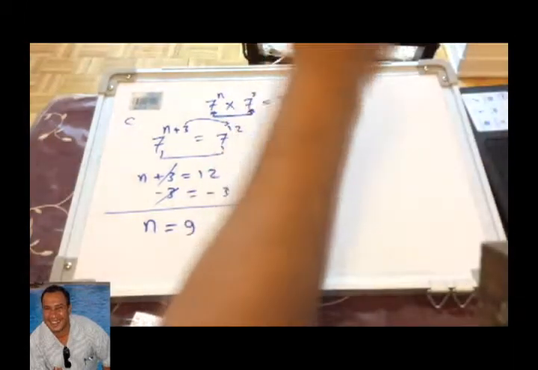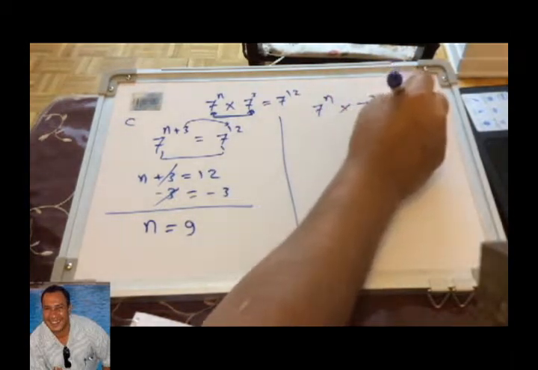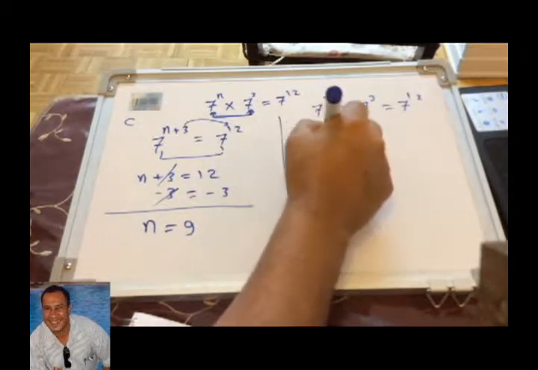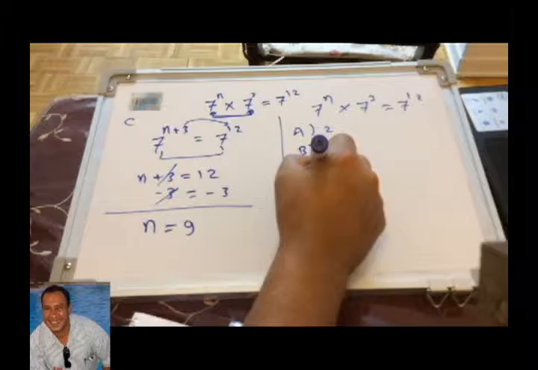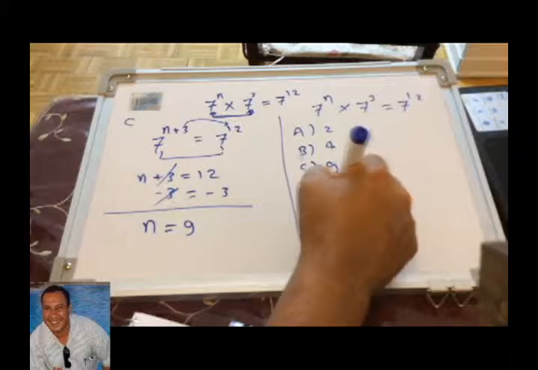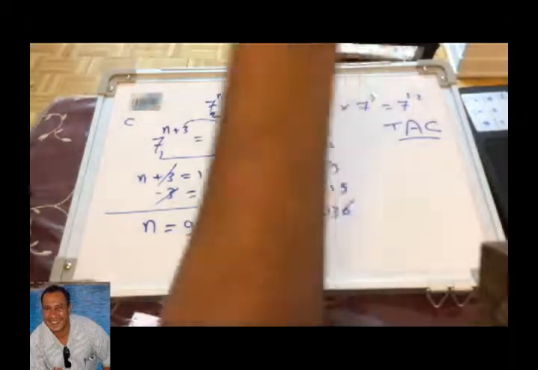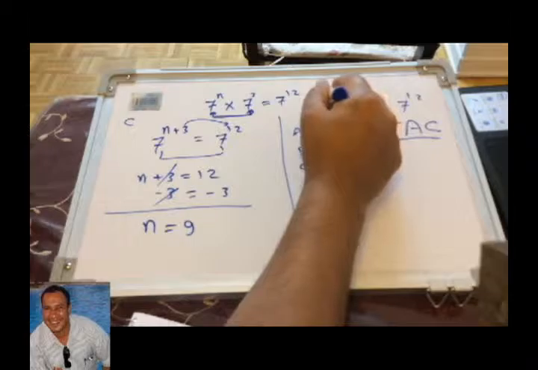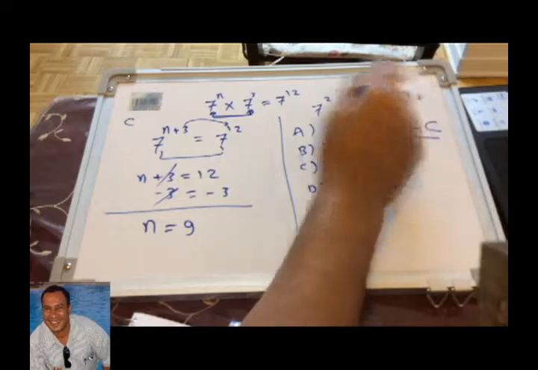The second strategy that we can use: 7 to the power n multiplied by 7 to the power 3 equals 7 to the power 12. We have answer choices A 2, B 4, C 9, D 15, E 36. We can use the strategy test answer choices. Substitute n by 2: 7 to the power 2 multiplied by 7 to the power 3 means 7 to the power 5, not 7 to the power 12.